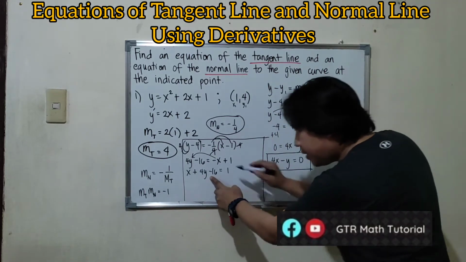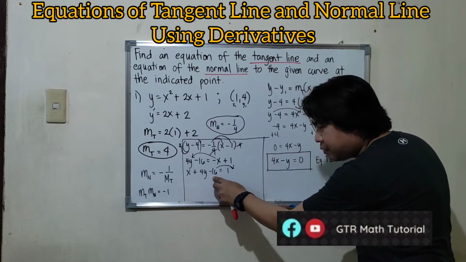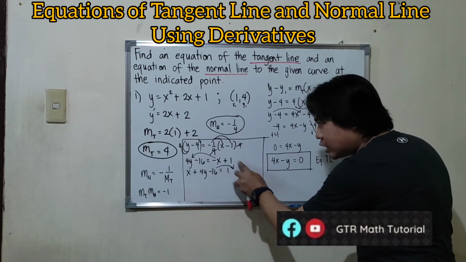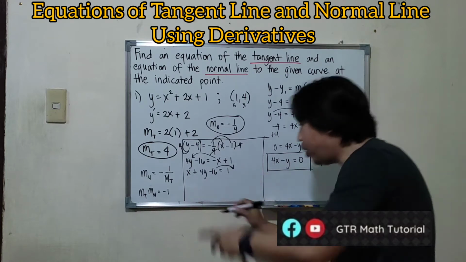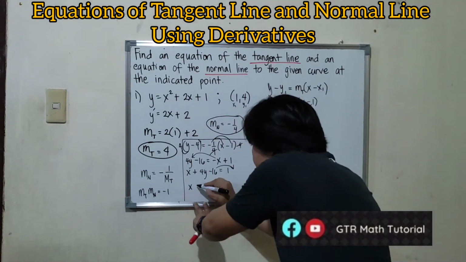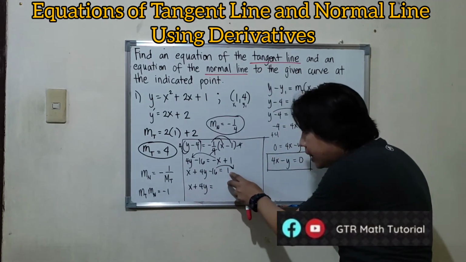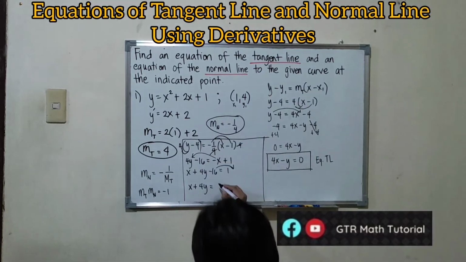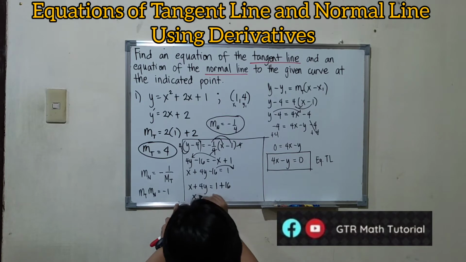Then add 16 to both sides, or simply transpose, so negative 16 becomes positive 16. Therefore the equation of the normal line is x plus 4y equals 1 plus 16, so x plus 4y is equal to 17.